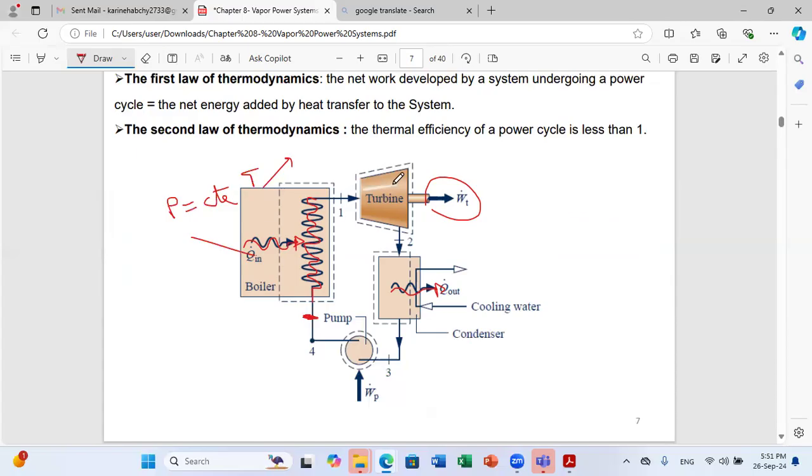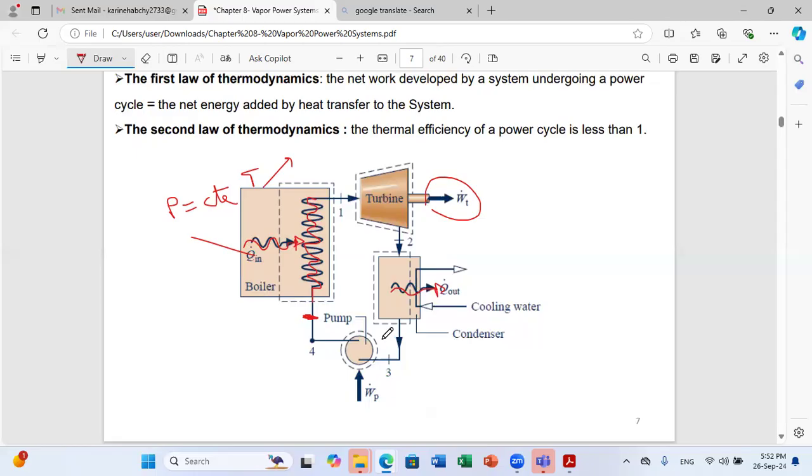Then in the turbine, we have production of work. This will lead to a certain reduction in the pressure level, because you are transforming energy in thermal and pressure form into work. Because of this, you will go back to a lower pressure level, but your state is still not the same as it was at the inlet of the boiler.